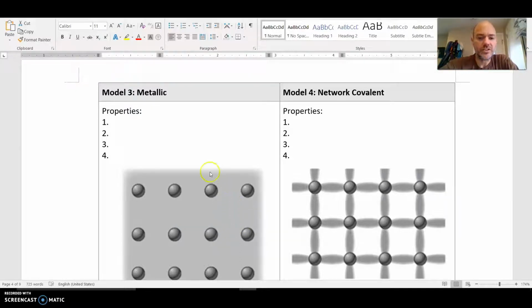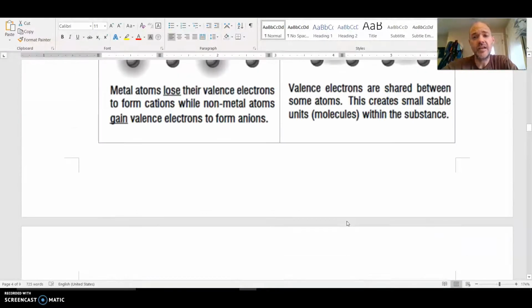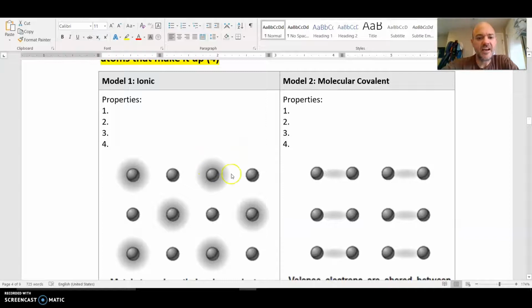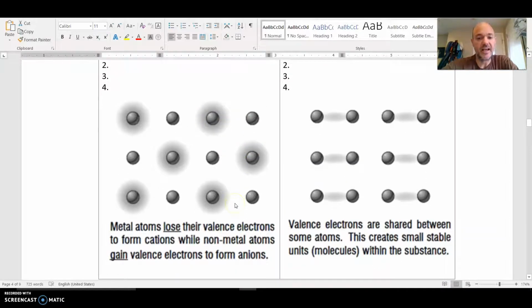So you notice here in the metallic, they're kind of all over the place. In the network covalent, they form connections between lots of different atoms. In molecular covalent, they form connections between specific atoms. And in ionic, the electrons tend to cluster around one specific atom.